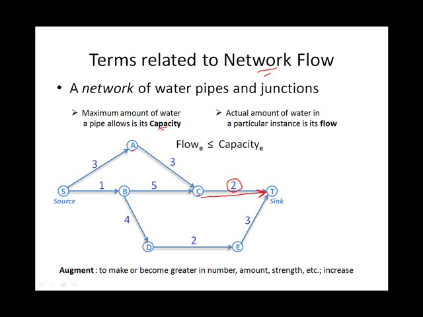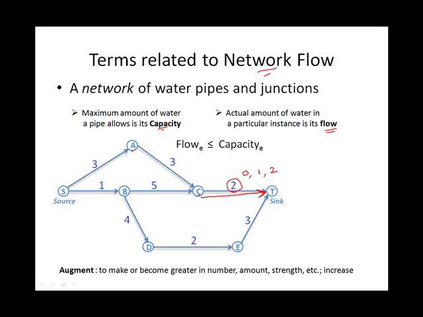The next term is the flow. Even though we can send a maximum of 2 units of water, we can actually send either 0, 1, or 2 units. In the final solution, the amount of water that actually goes through this edge is called the flow.